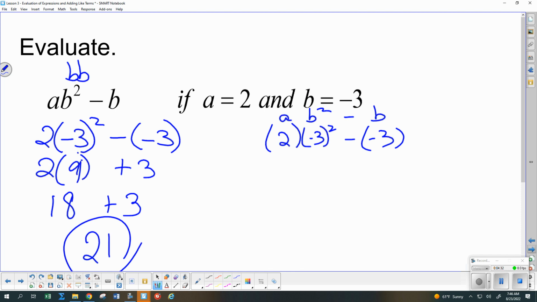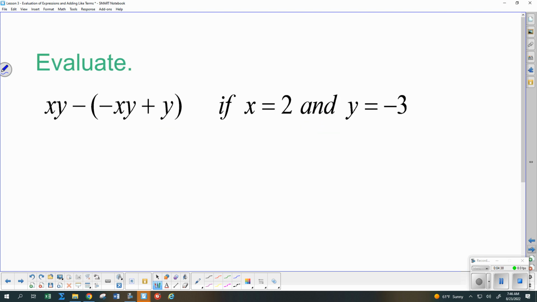so that's definitely coming back nicely to you guys on how we're going to do that. Let's do another one, a little bit longer and messier. So we're going to do the very same thing with these. We're going to put 2 in for the x's, -3 for the y's. So I'm going to have a 2 for the x and a -3 for the y.